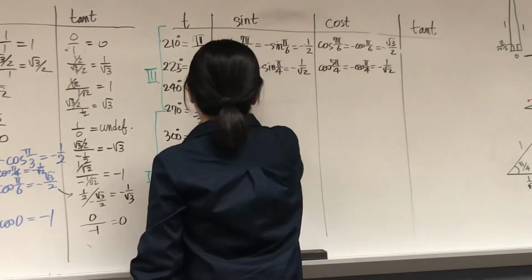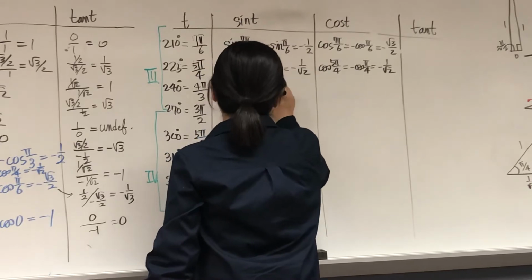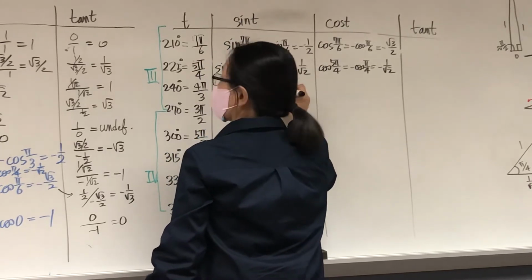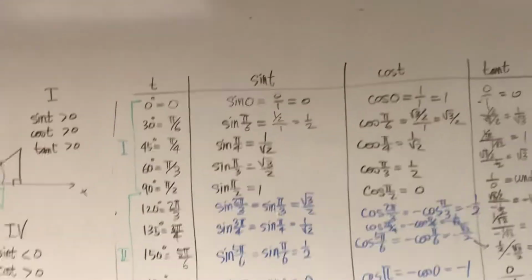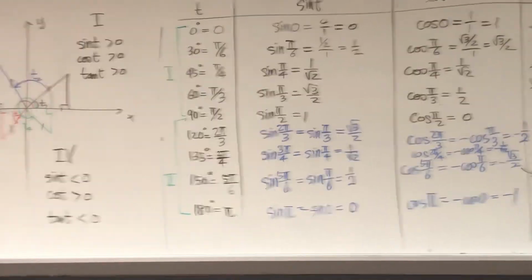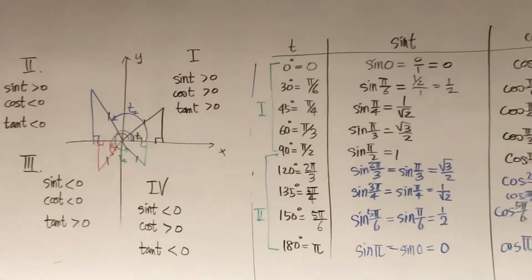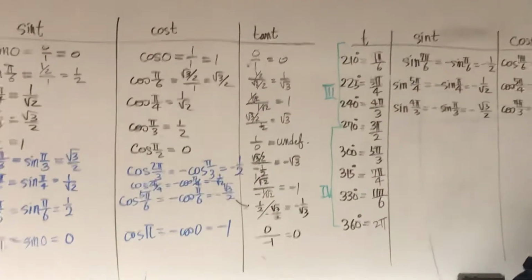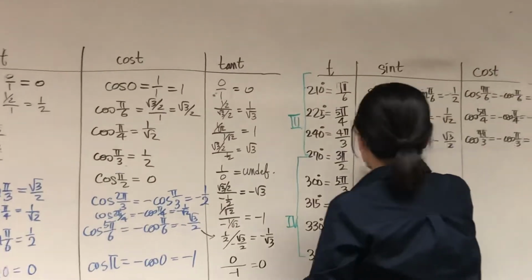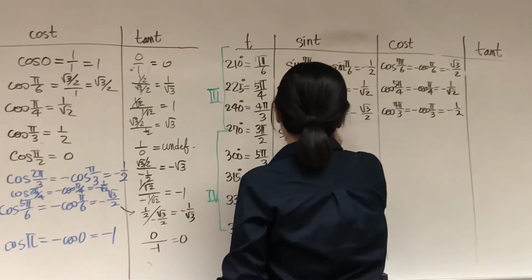Keep going. Sine 4 pi over 3, negative sine pi over 3, negative square root 3 over 2. Am I right? Cosine 4 pi over 3, same thing. And sine 3 pi over 2 is equal to what?